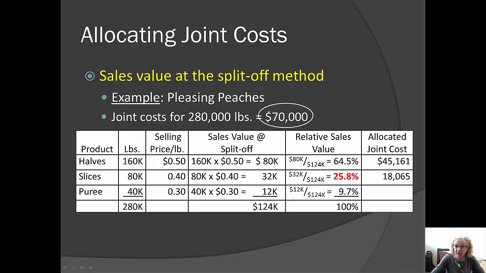They get 25.8% of the $70,000 joint cost. Peach puree represents a little less than 10% of all the revenue. It gets a little less than 10% of all of the joint costs. Add up our allocated joint costs, it must equal $70,000.